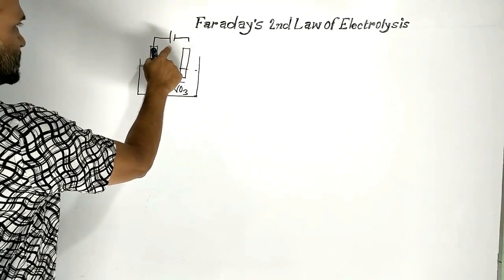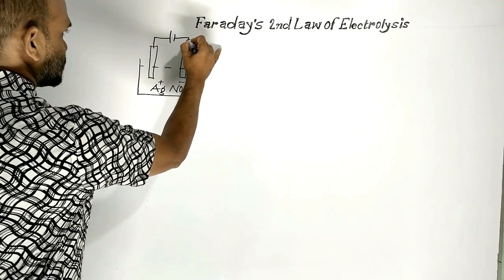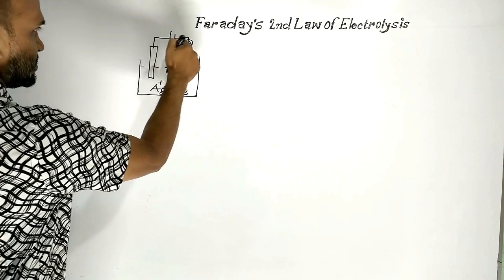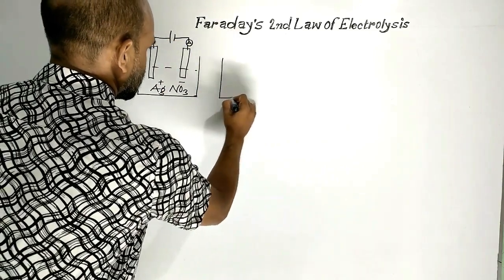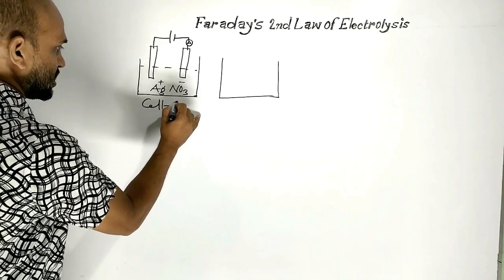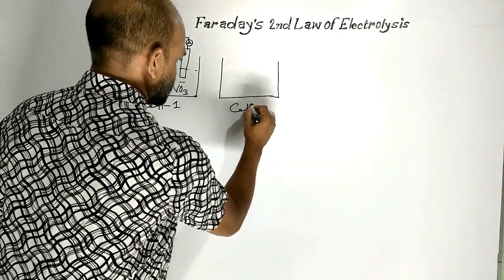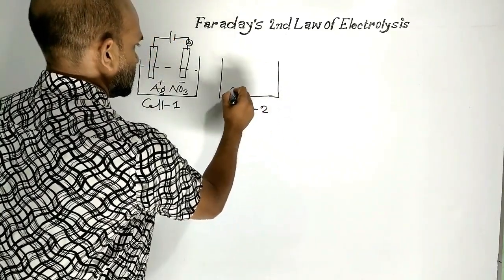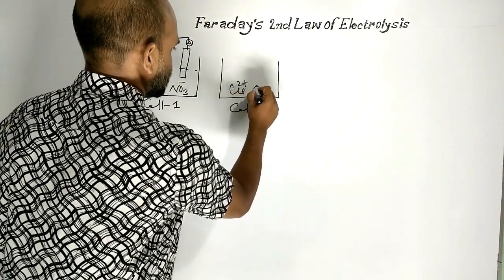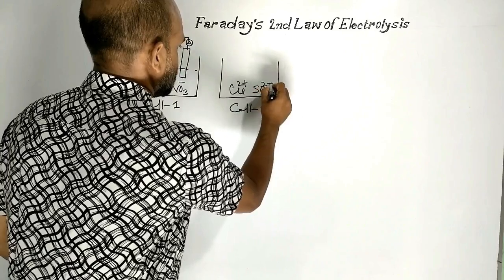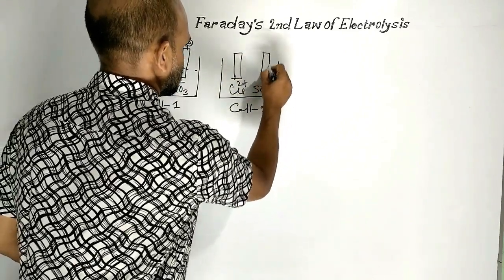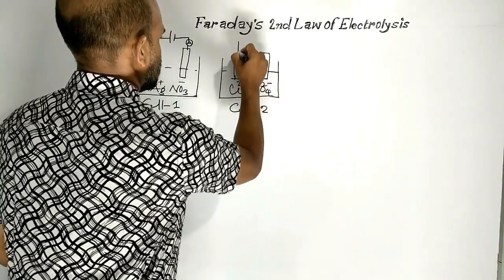External source of electricity. Here, suppose a meter which is used to measure the current. This is cell 1. This is cell 2 in which electrolytic solution of copper sulfate has been taken. Anode, cathode.